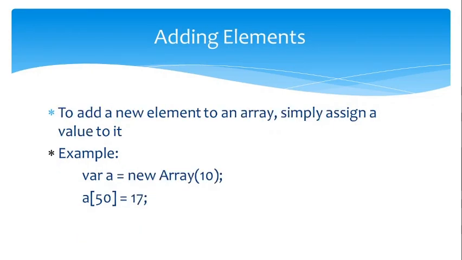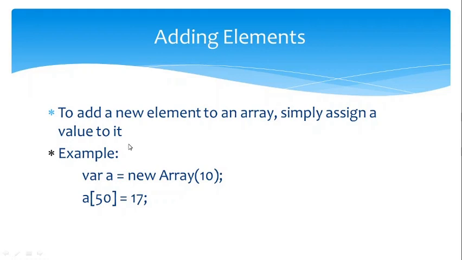Fine. Next, adding an element to the array. You have completed all these topics in the first year in C programming, but I am repeating them to help you recall and do the same things in JavaScript. To add a new element to an array, simply assign a value to it.